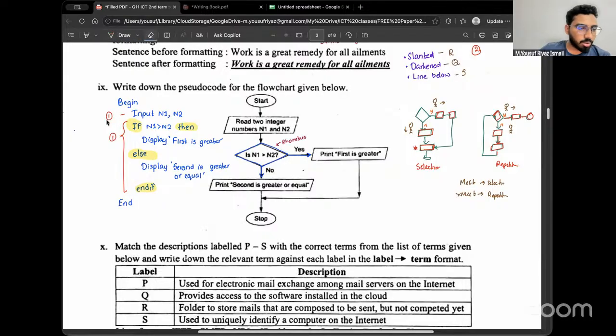Or I'll break that into more marks as well. So for begin half marks, for end half marks. Let's say if you had mentioned begin as well as end, for that half marks. Total 2 marks there.